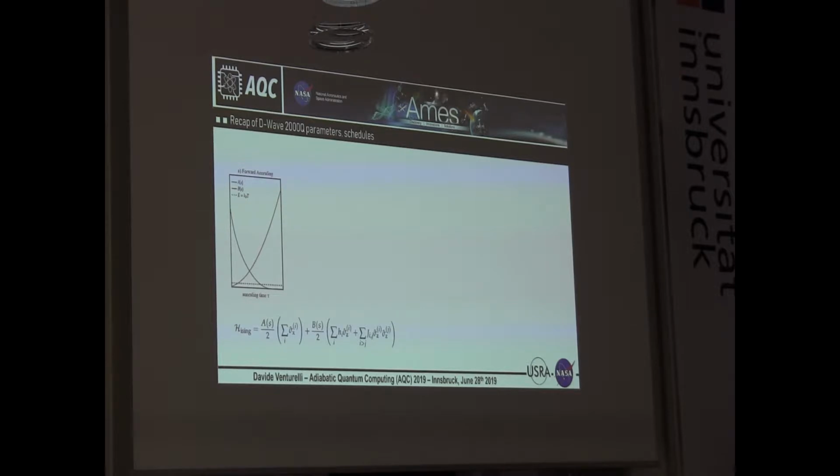To recap, the Ising Hamiltonian is implemented in the D-Wave machine in this form, with a transverse field which starts high and gets quenched, while the problem Hamiltonian is progressively ramped up during the anneal. Introducing a pause is nothing but just stopping the calculation at a given point in the schedule and waiting a little bit. And that's about it.